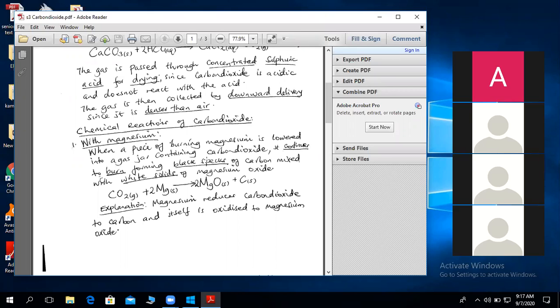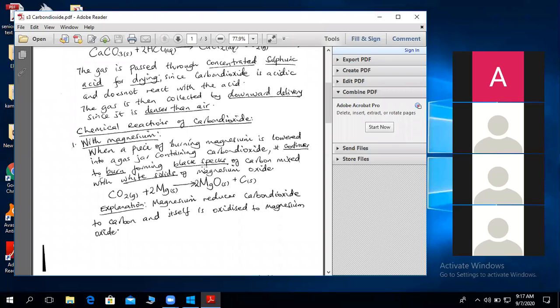What is the reason for that? Carbon dioxide is denser than air, so it will displace oxygen. So let's talk about that. When a piece of burning magnesium is lowered into a gas jar containing carbon dioxide, it continues to burn, forming black specks of carbon.